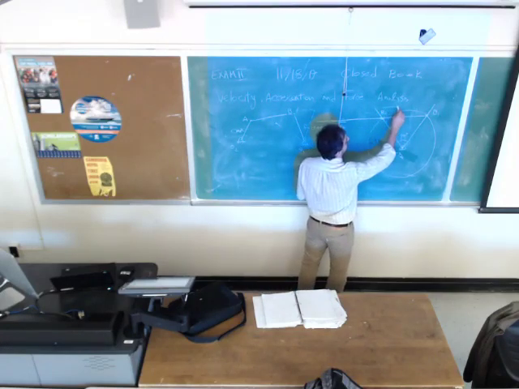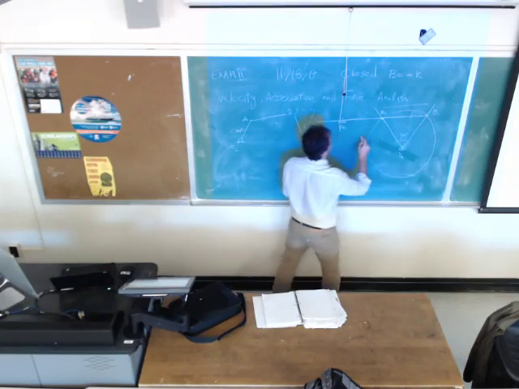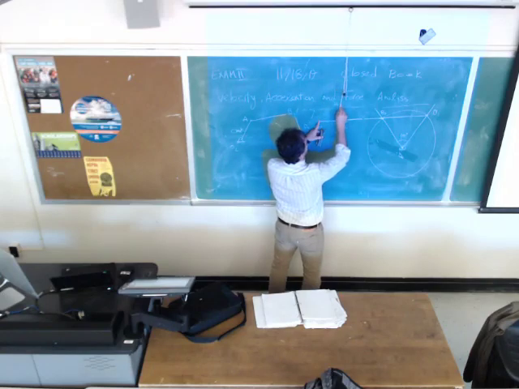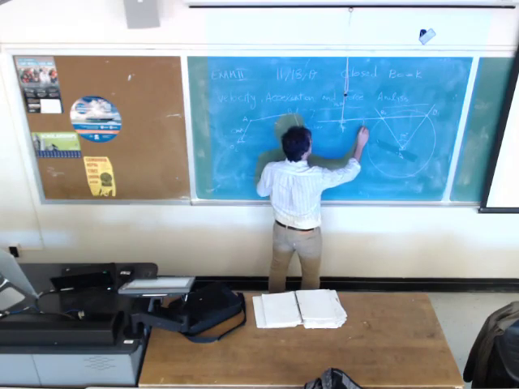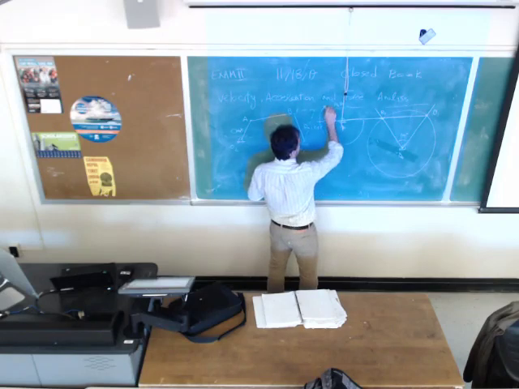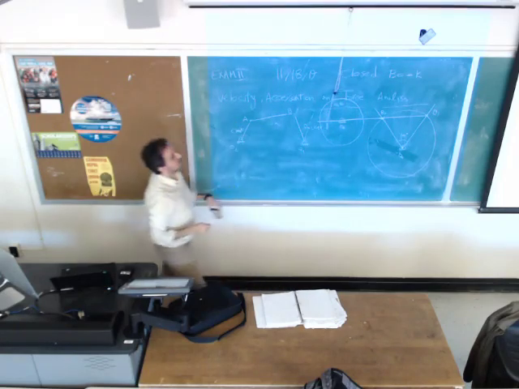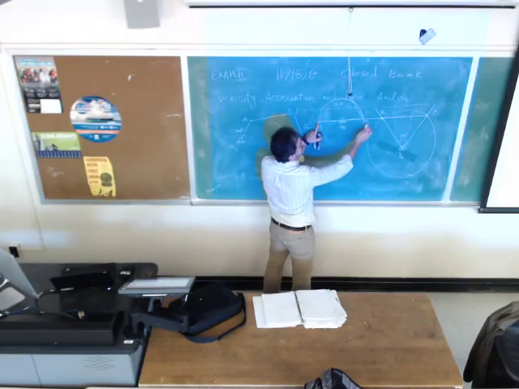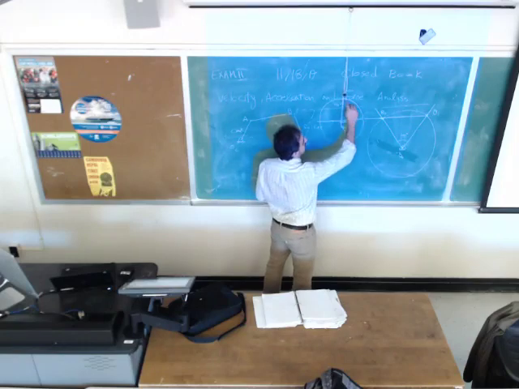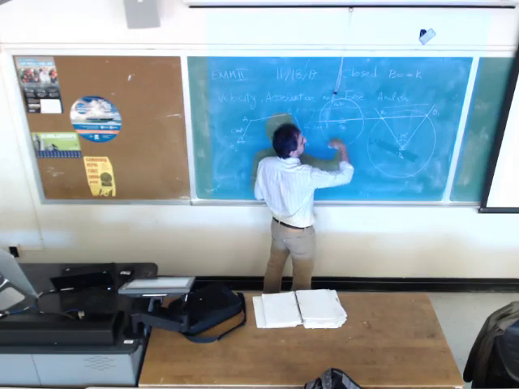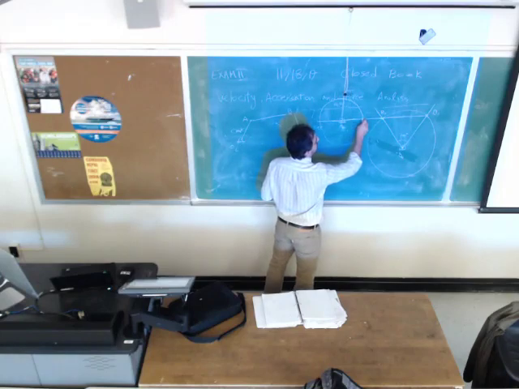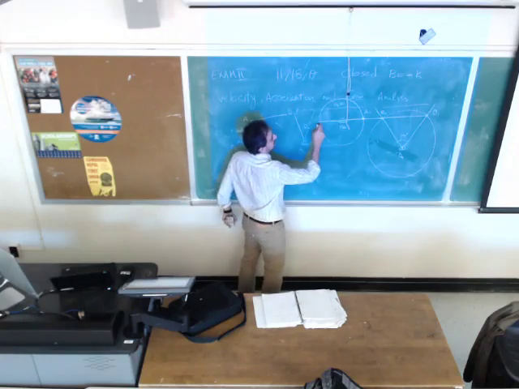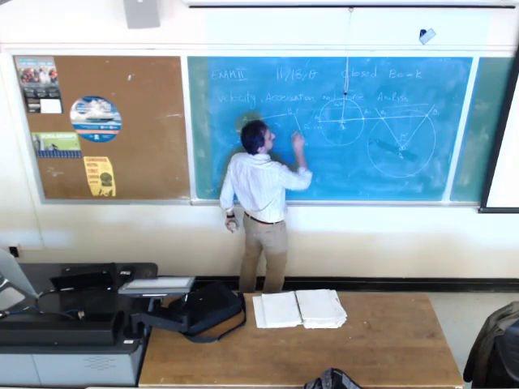The diameter of the circle is going to be B1B2. So the diameter of this circle is B1B2 at the center of O2. The intersection of this circle with this line, we call A1. The intersection of this circle on the other side, we call A2.